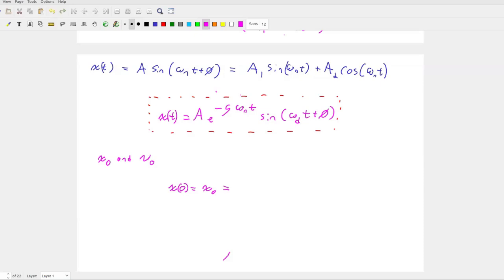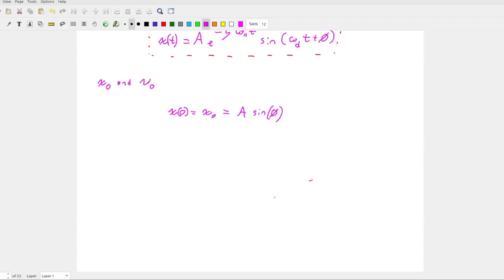If I put 0 into sine, omega d t goes to 0, so I'm just left with the sine, and the t on top becomes 0. E raised to the 0 is 1, and so I'm left with A sine of phi. Pretty simple, right? So my x naught is A sine of phi. If I know my x naught and my phase, I can pretty easily get the other one, my amplitude.